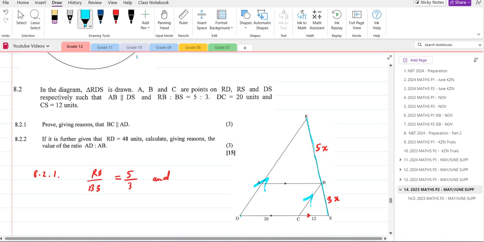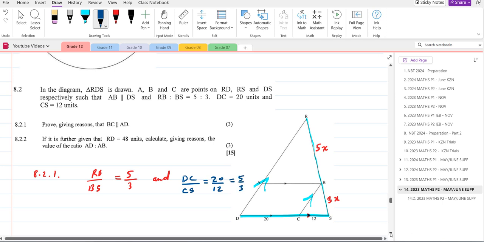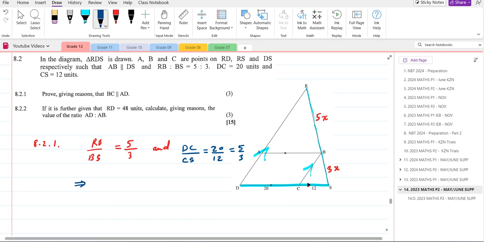Right? This one and this one. So we said RB over BS. We need to say DC over CS. So that is 20 over 12. And 20 over 12 is also 5 over 3. Divide by 4, divide by 4. So this implies RB over BS is now equal to DC over CS.